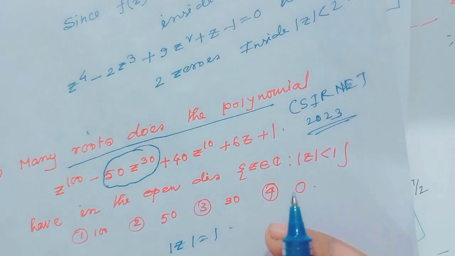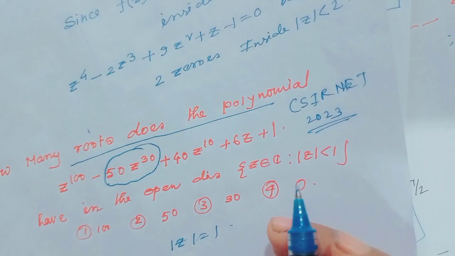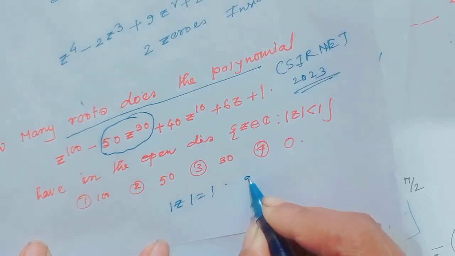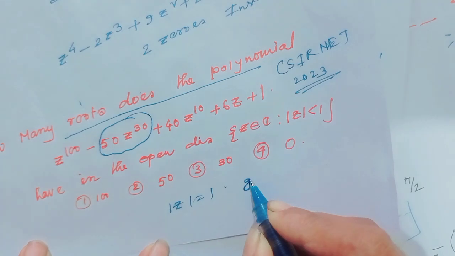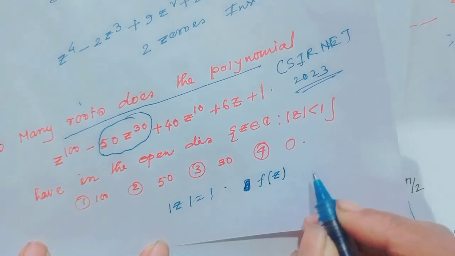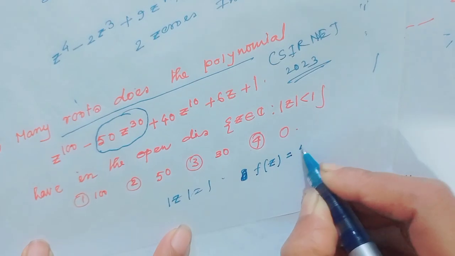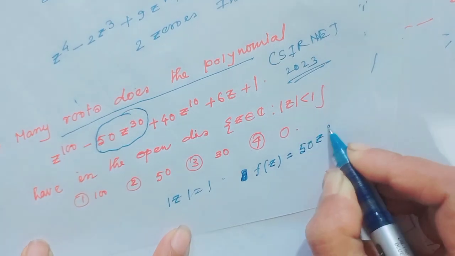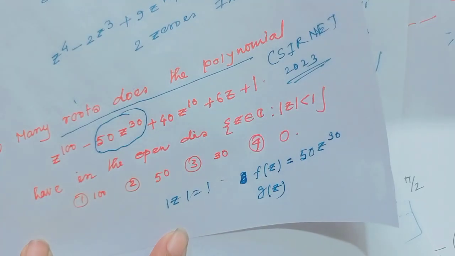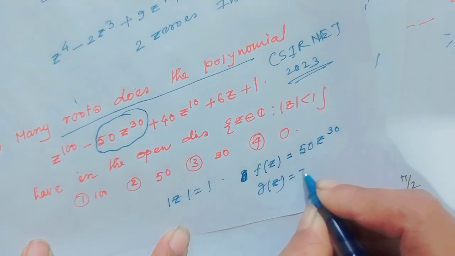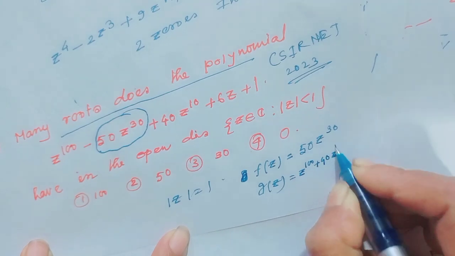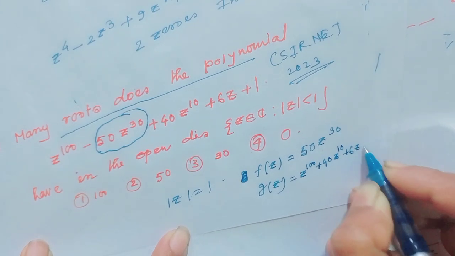Therefore, f(z) equal to 15z to the power 30 and g(z) equal to the rest of the terms, z to the power 100 plus 40z to the power 10 plus 6z plus 1.